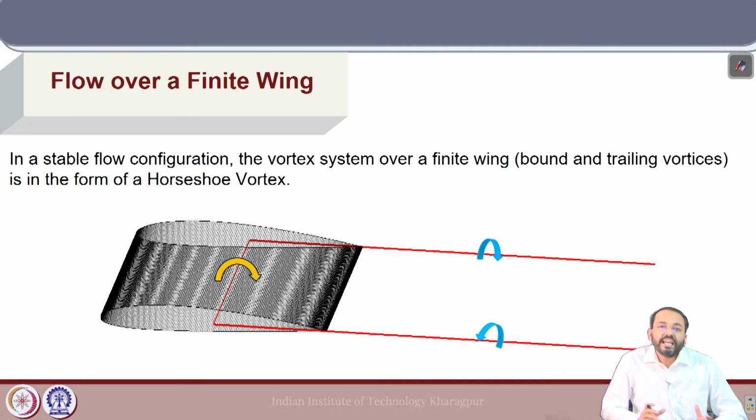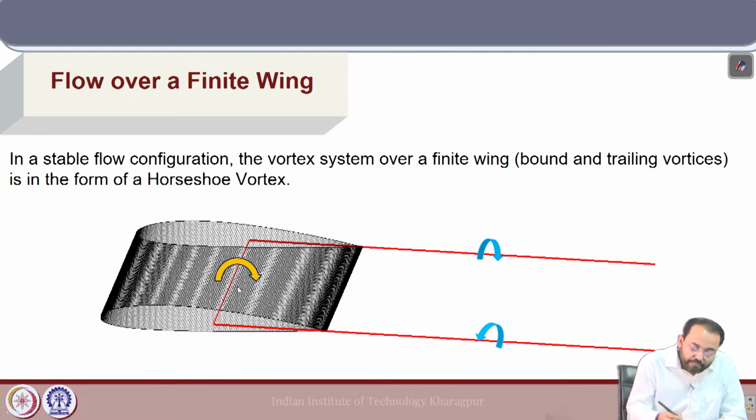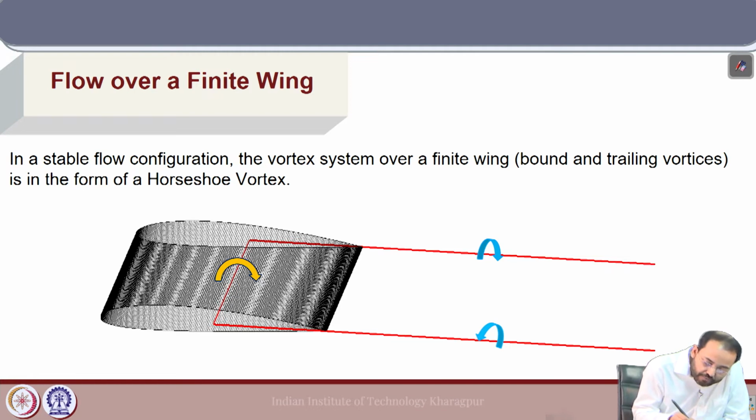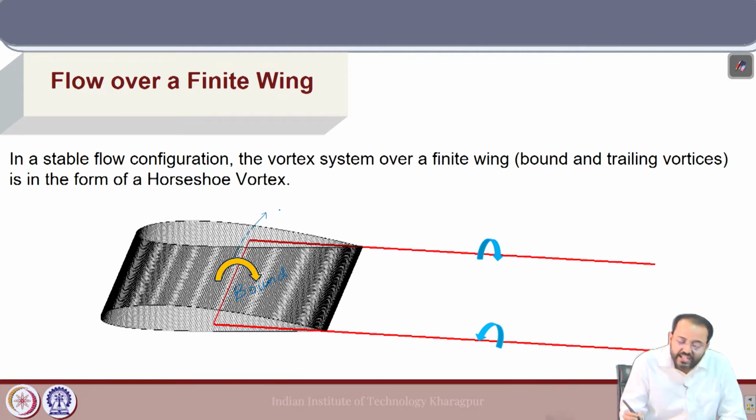So, we have seen that the vortex pattern for a finite wing looks like a horseshoe. The finite wing vortex pattern is like a horseshoe vortex, where we have the bound vortex here, and we have two trailing vortices from the two ends of the span.